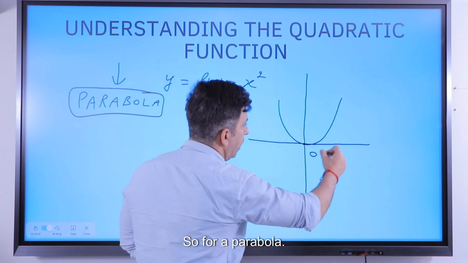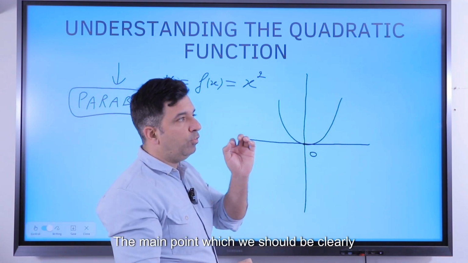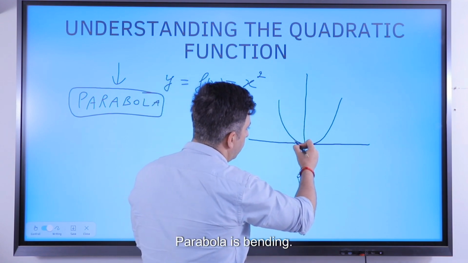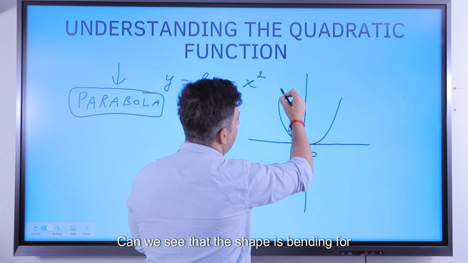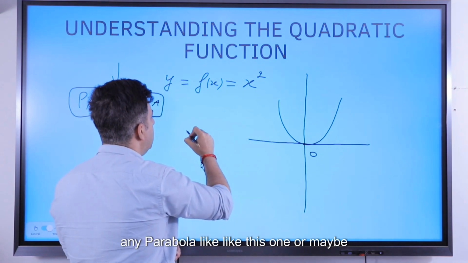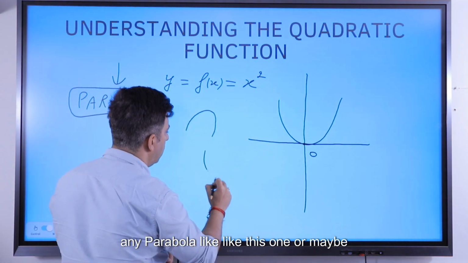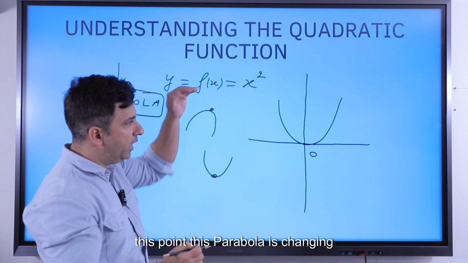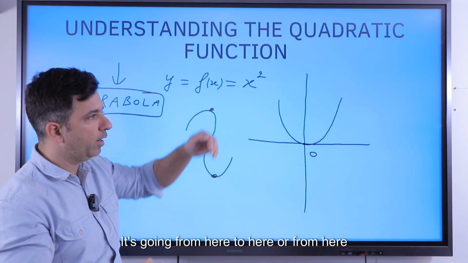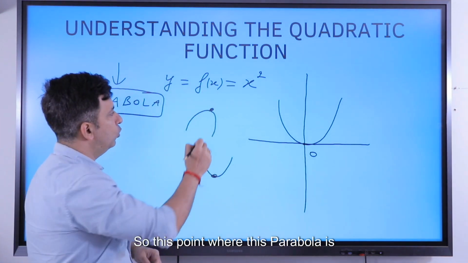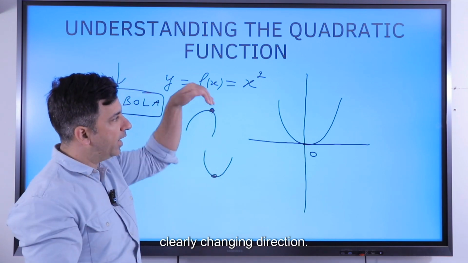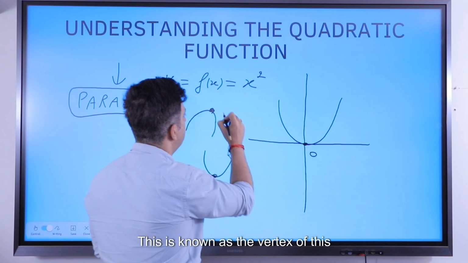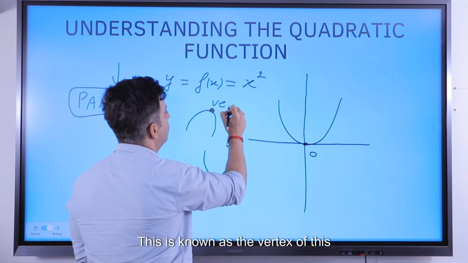For a parabola, the main point which we should be clearly focusing upon is the point where this parabola is bending. Can we see that this shape is bending? For any parabola like this one or maybe this one, at this point the parabola is changing direction. This point where the parabola is clearly changing direction is known as the vertex of this parabola.